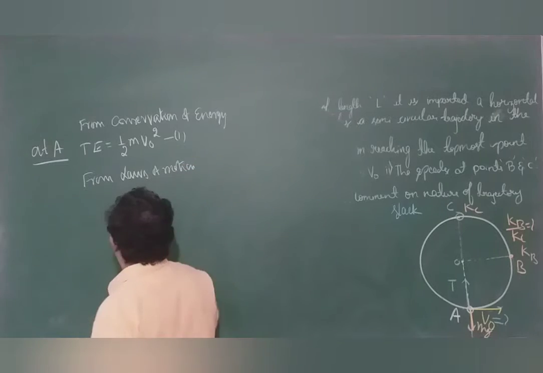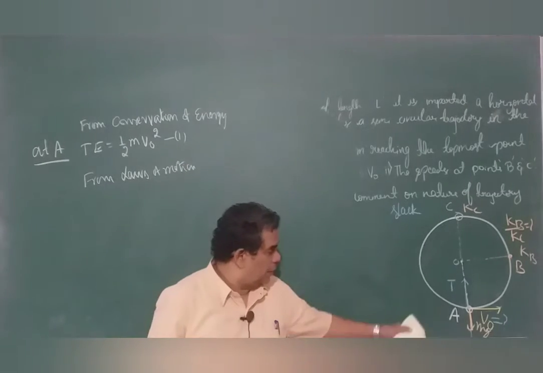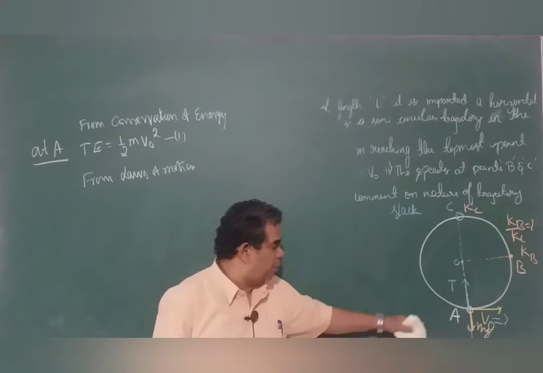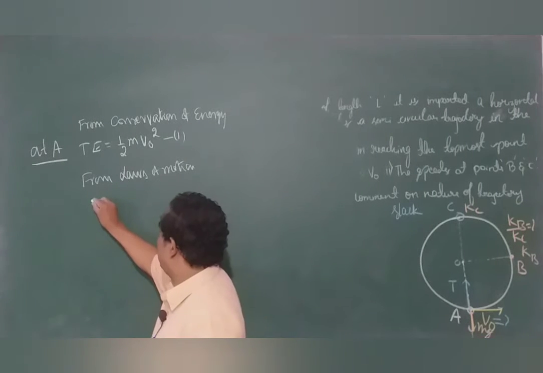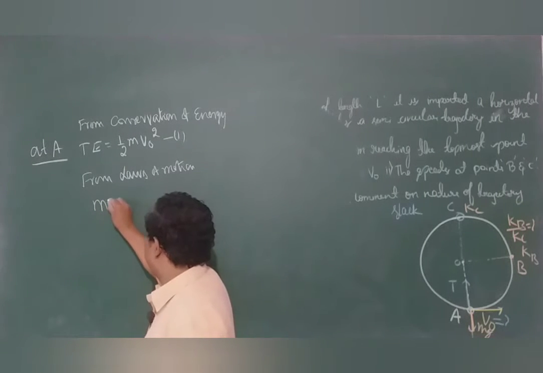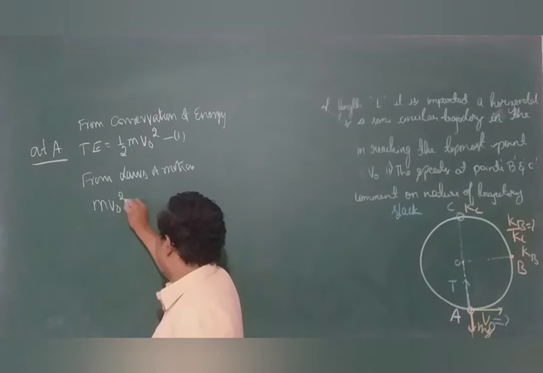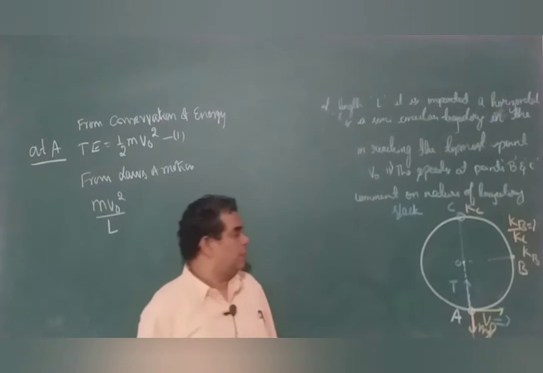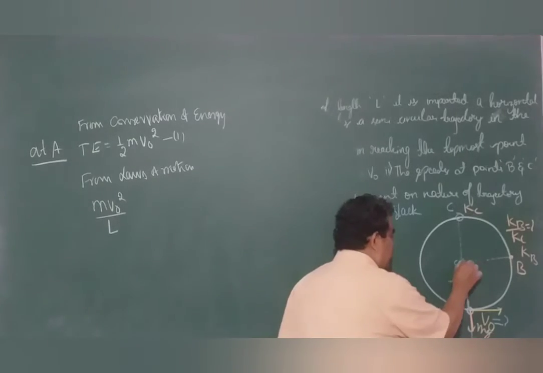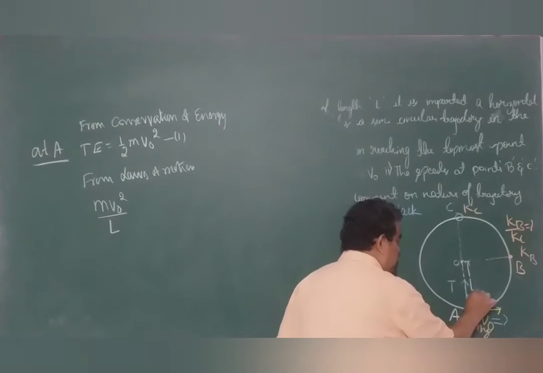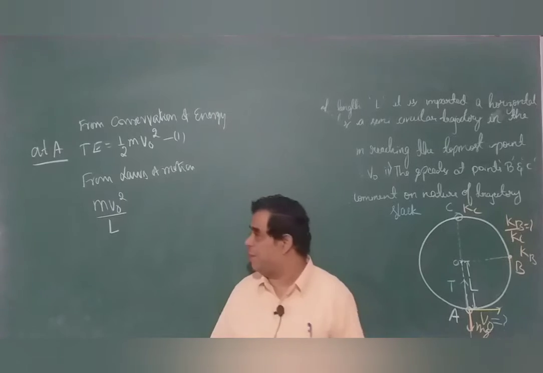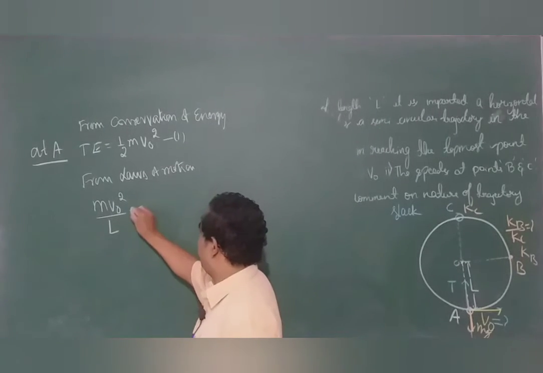Say, at this point, the effect is centripetal force. Therefore, as we learnt, we have to write centripetal force on the left hand side, m v naught square by L. Why L? They have given the length of the string as L. Therefore, instead of R, I have written L for the centripetal force.